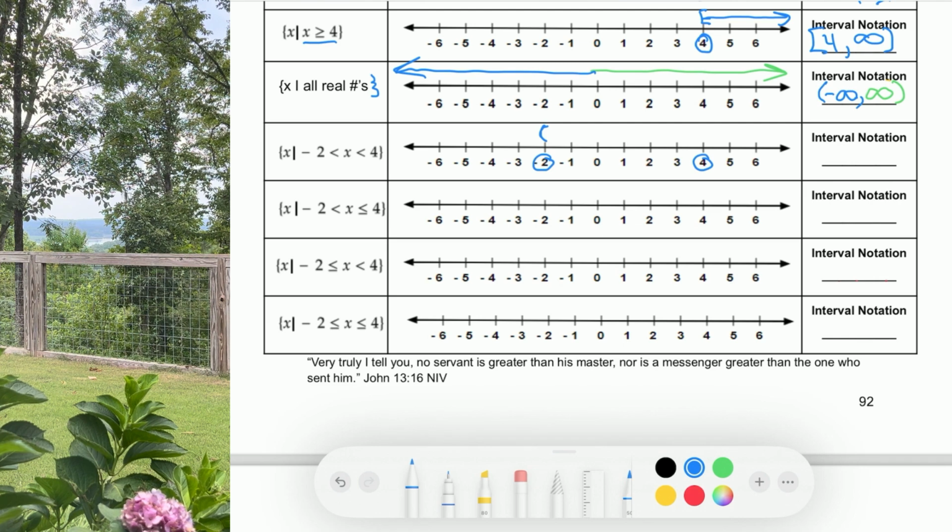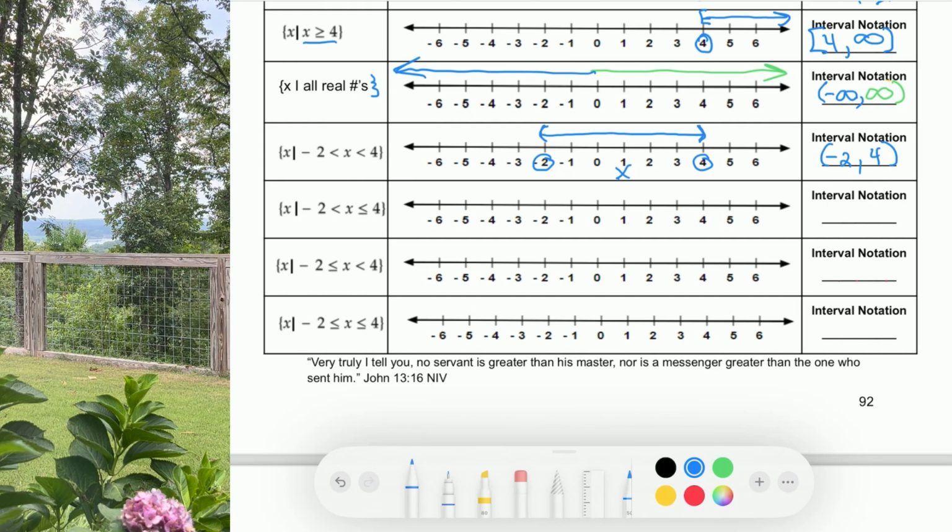No, it's a less than, not a less than or equal to. So it also has a parentheses. We're going to connect these two. And what this tells us is that our value of X is in between these 2 parentheses. Doesn't include negative 2 and 4. It's every number in between them that is a part of the solution set. Our interval notation is going to have parentheses, negative 2, comma, 4, parentheses.